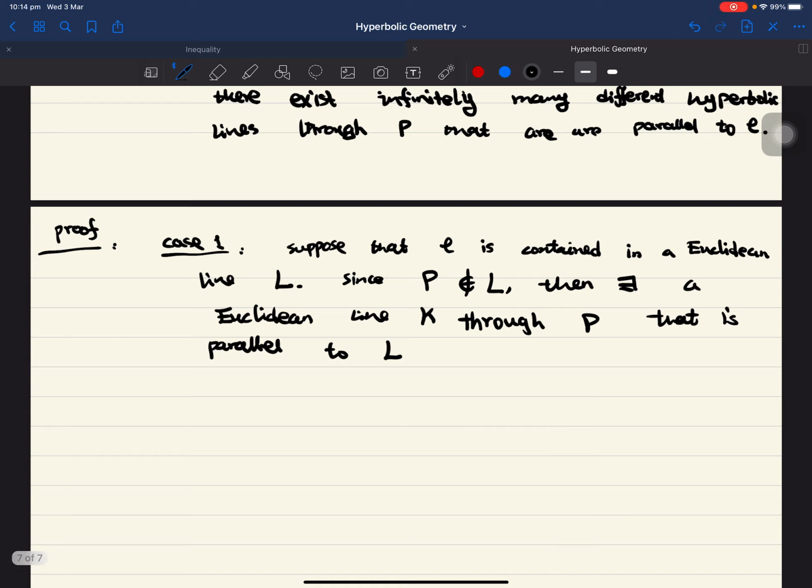Geometrically, this is really similar to what we had in the example.